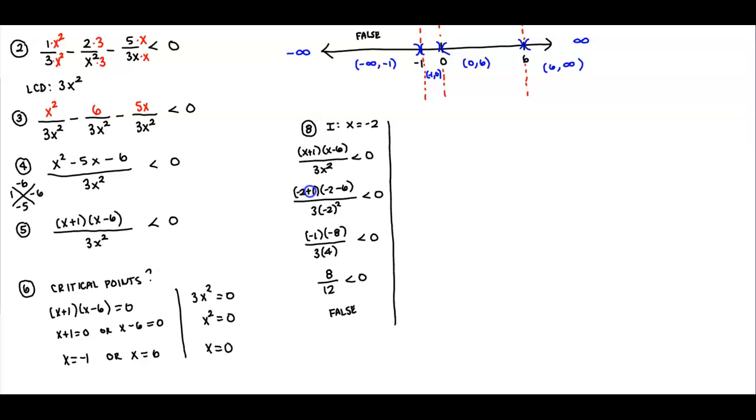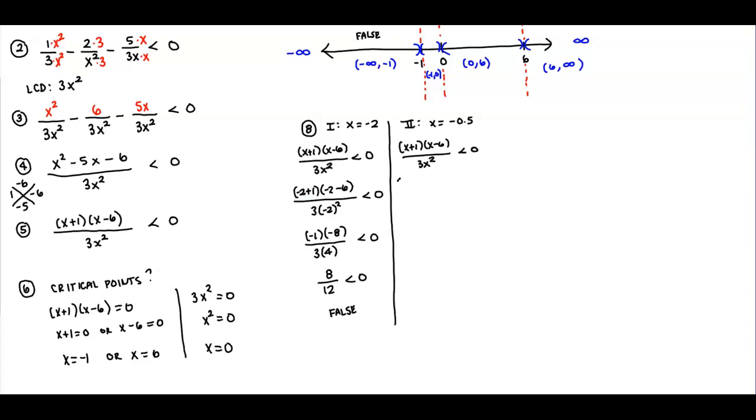Now we're going to take a look at region number 2. We need to pick a number between -1 and 0. We're going to pick -0.5 since it's between those two numbers. Again, we're going to use (x plus 1)(x minus 6) all over 3x squared and set that to be less than 0.